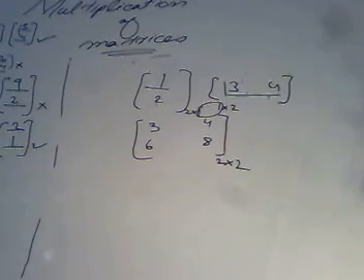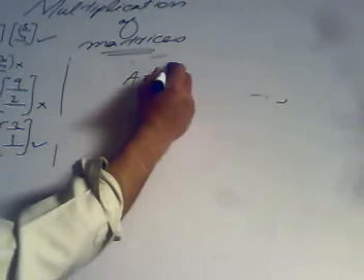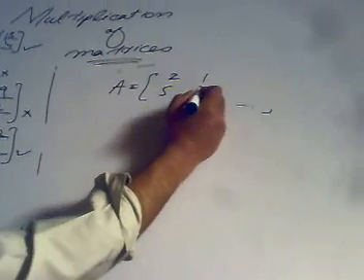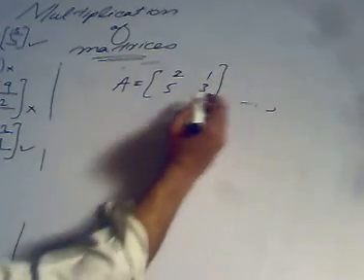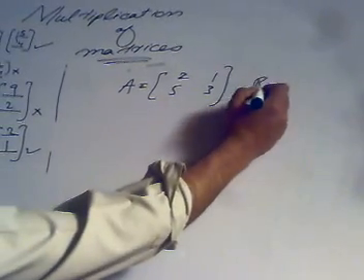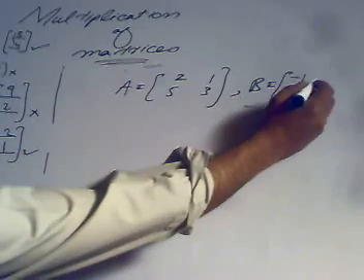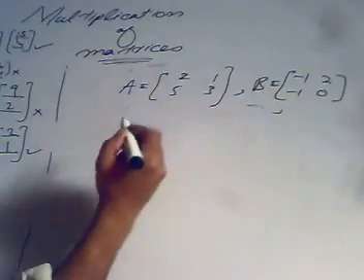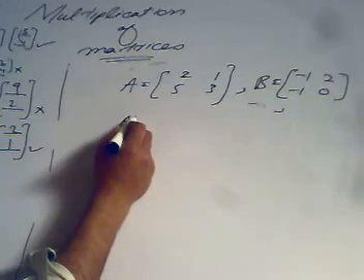Okay, let's solve another example. Suppose we have a matrix A, which is 2 1 5 3, and a matrix B, which is -1 2 -1 0, and I want to find the product AB.